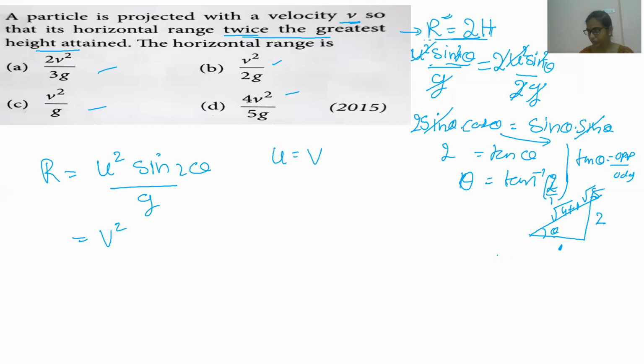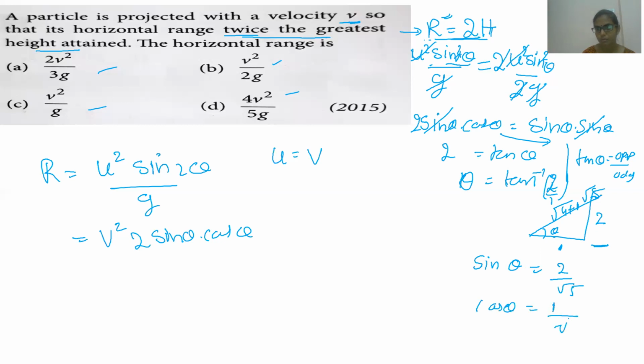We don't have a direct formula, so you can write 2 sine theta into cos theta. Sine theta, you can observe in this triangle, is opposite by hypotenuse. Opposite is 2 and hypotenuse is root 5. Similarly, we want cos theta also, that is adjacent by hypotenuse, 1 by root 5.